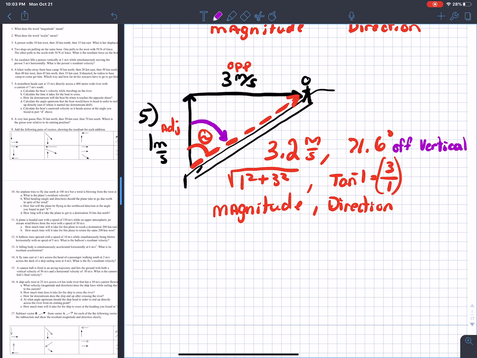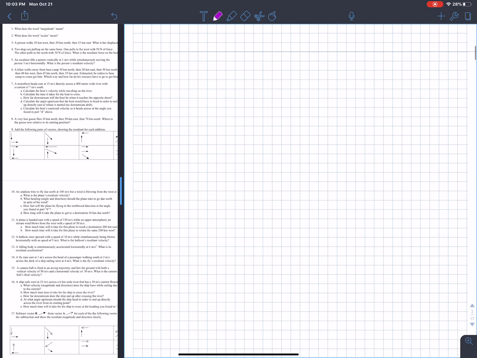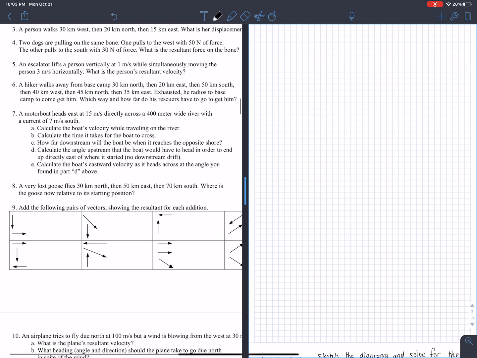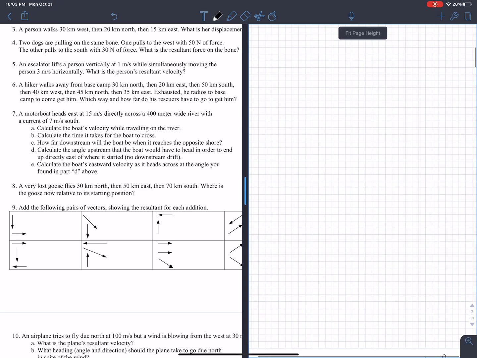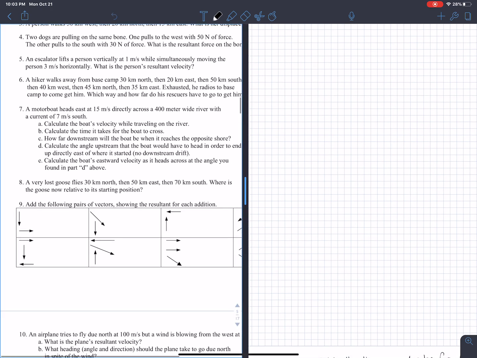Now, we're going to get into the fun stuff. I say that because I like them, but we'll see if you guys like them as well. They're called riverboat problems. Riverboat problems are not an issue so long as you stay organized. So, number 7 is a perfect example of a riverboat problem.